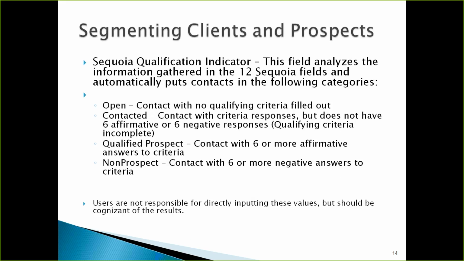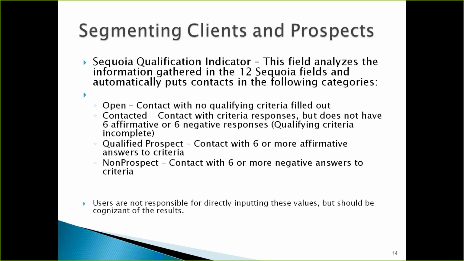Now, the Sequoia qualification indicator field, which is located below the contact status field, analyzes the information gathered in the 12 Sequoia fields we just discussed. What it does is automatically take the information gathered at the contact level and put them in the following categories. If we have no information, or you might notice this on a newly created contact, the indicator is open.